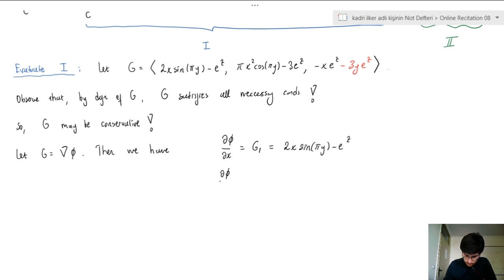And what else? The partial derivative of phi with respect to y should be the second component of G, which is pi x squared cosine pi y minus 3e to the z.